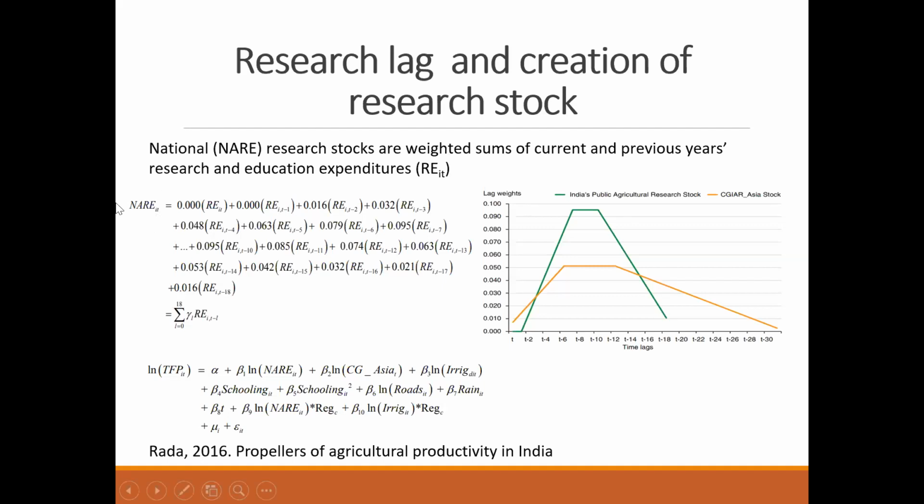Then this research stock, which he has calculated based on research expenditure, he has used in his TFP equation, which is: TFP is a function of national research stock, CGIAR research stock, then irrigation, schooling, road, and rainfall.